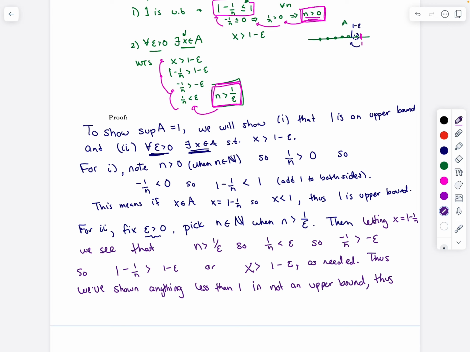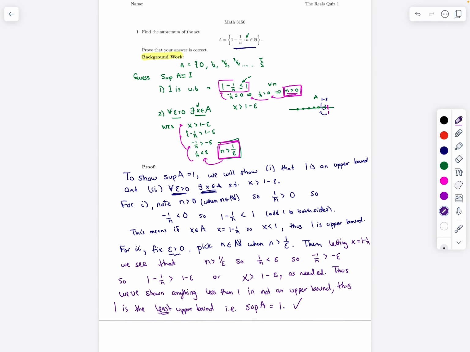Thus, 1 is the least upper bound. Right? That is to say that the supremum of A is equal to 1, which is what we wanted.